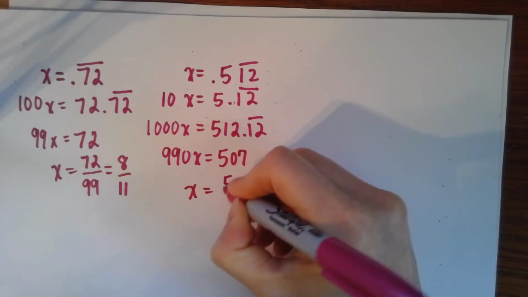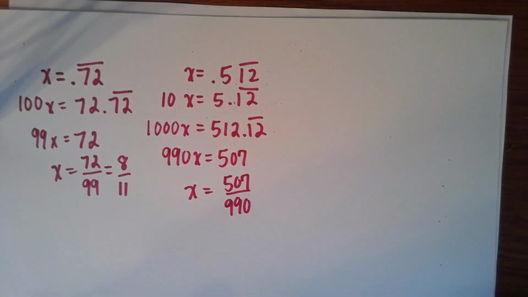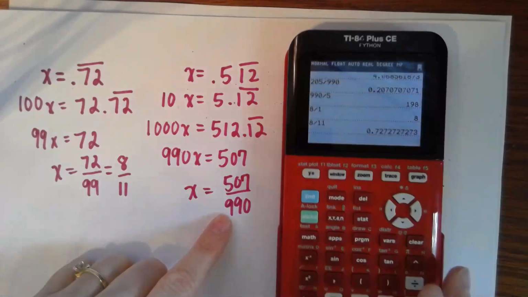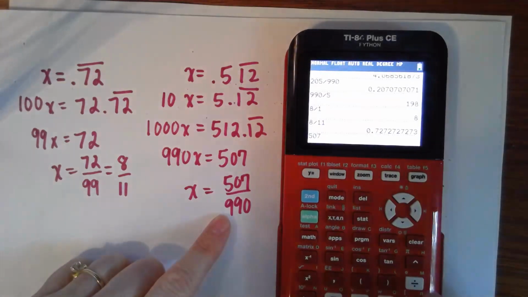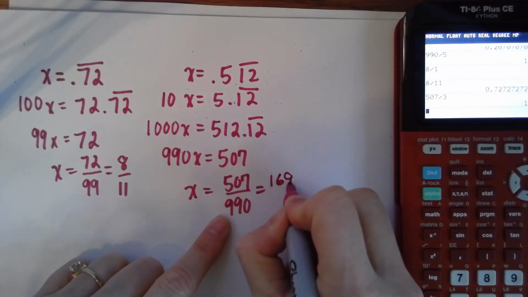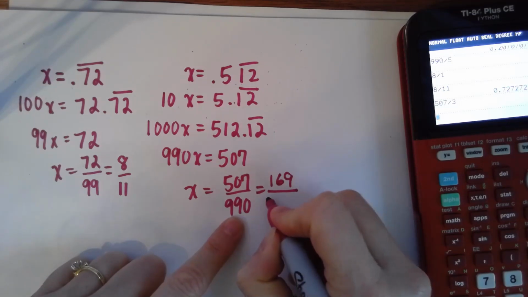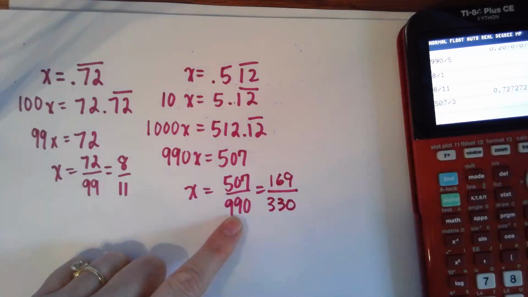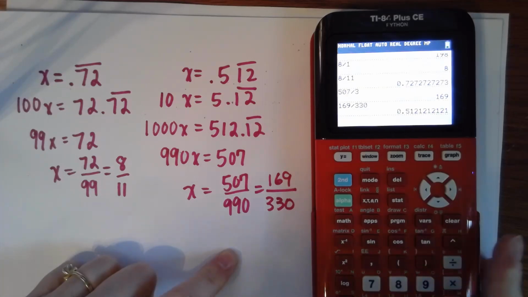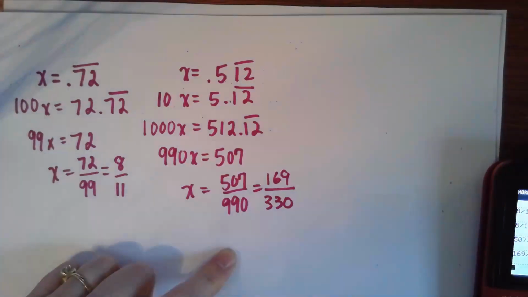So x is 507 over 990. I suppose we could reduce that. They're both divisible by 3, so 507 divided by 3 is 169, and 990 divided by 3 is 330. If we check 169 divided by 330, we get 0.5121212121212, just like we were expecting.